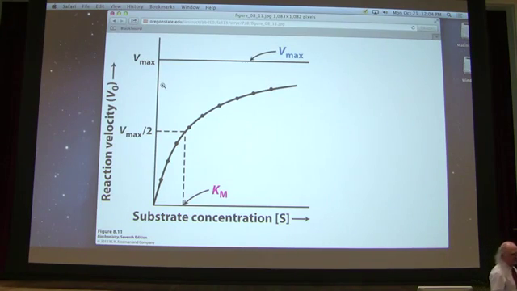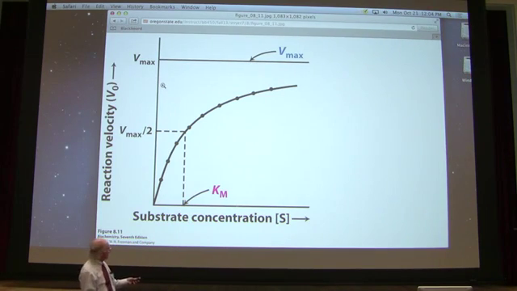One has a Km of the value that you see here, and one has a value of Km that's over here. All right? So if the Km is over here to the right, that would mean that the Vmax over 2 is to the right. So the Vmax over 2 would be way over here somewhere. And what that's telling us is that it takes more substrate to get to the same velocity.